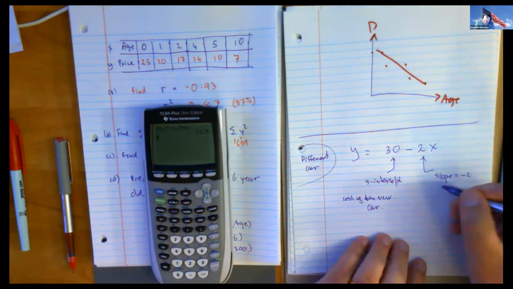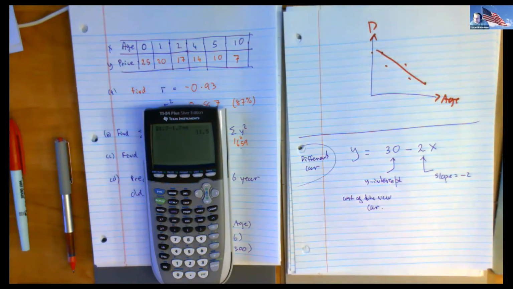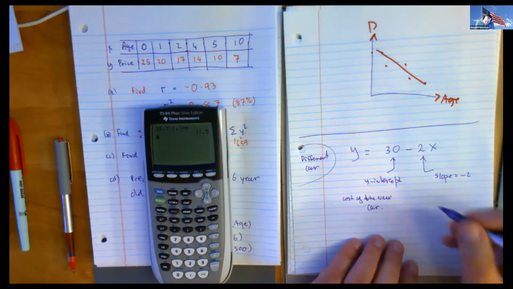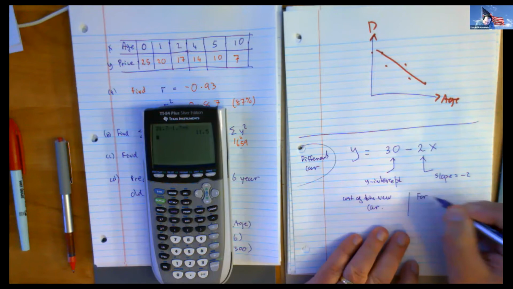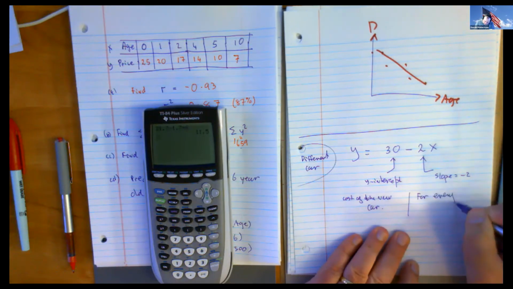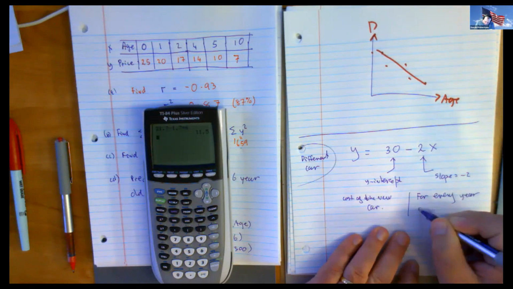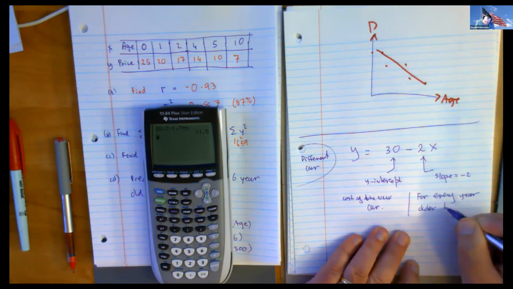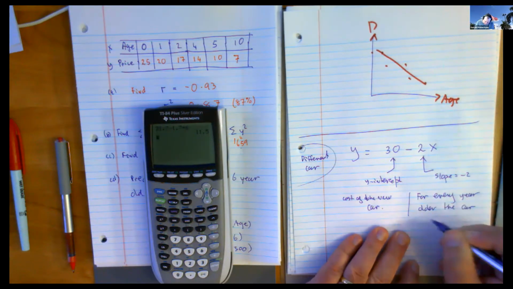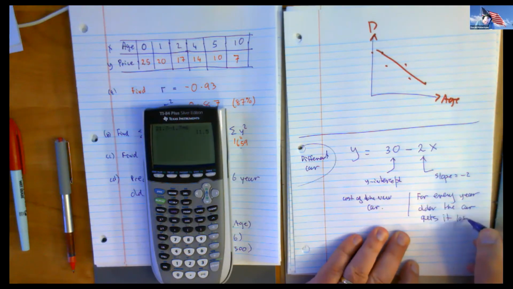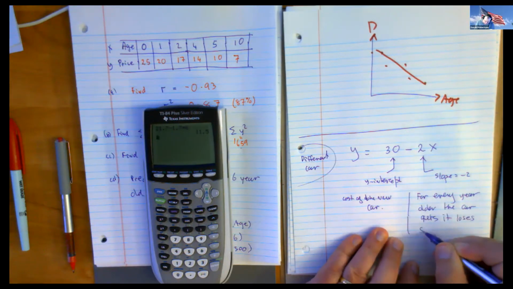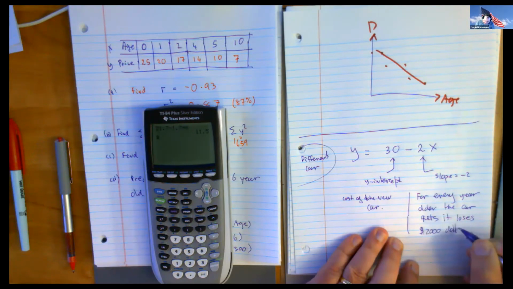Now, what about this -2? That's a little bit harder to interpret in English. But how about this? For every year older the car gets, it loses $2,000 in value.